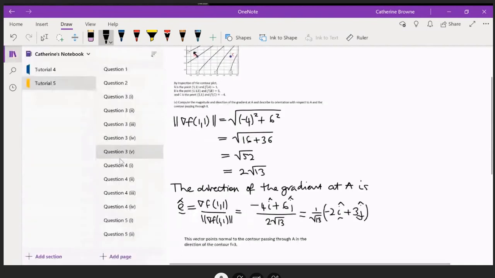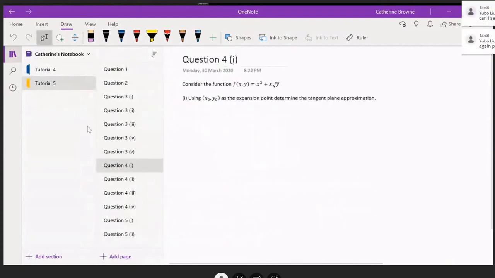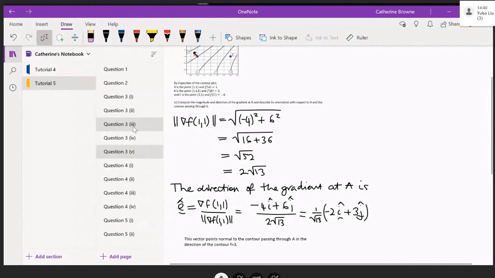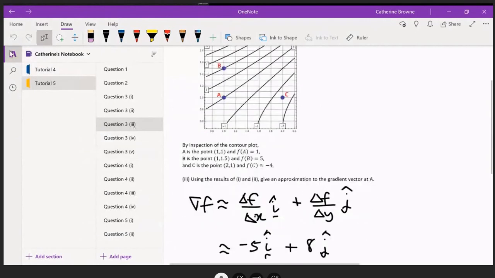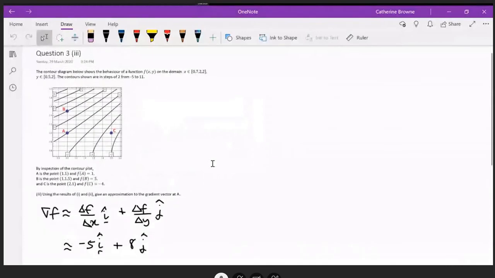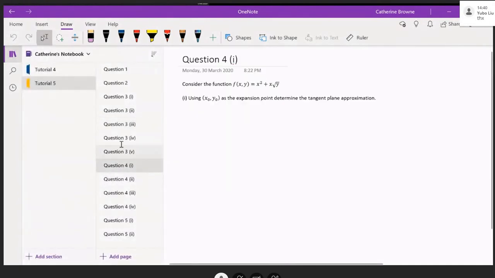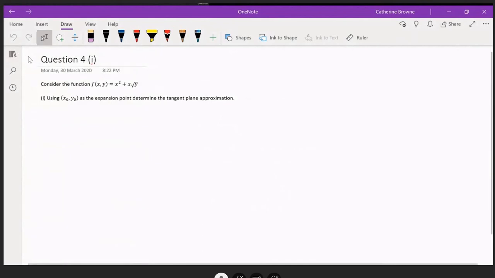Which part of question 3 did you want to see? Just the last part or a previous part? Part 3 of question 3. This one? No worries. Okay.